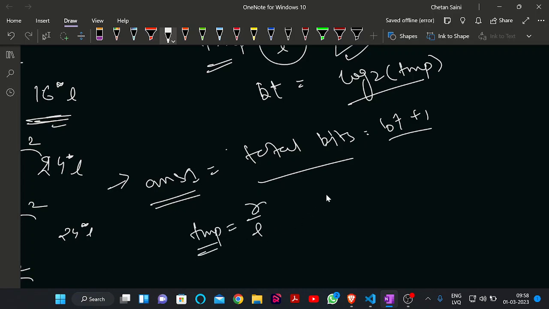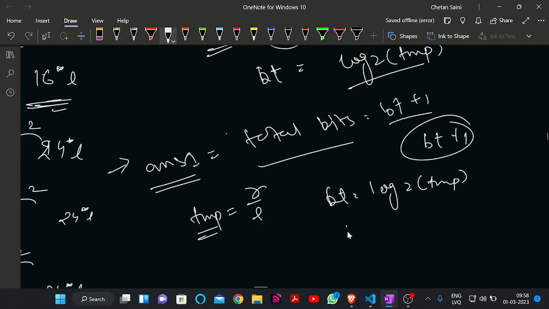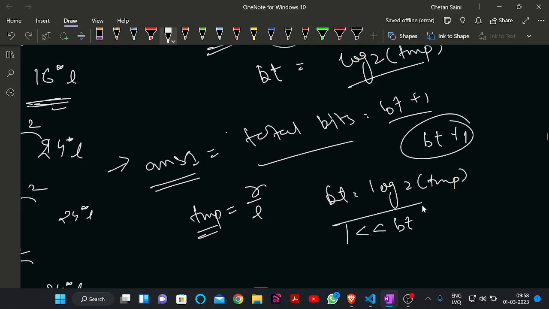Count bits in this, that is bt equal to log 2 of 10. Total bits are bt plus 1. And if we do this, that will give us this 16.